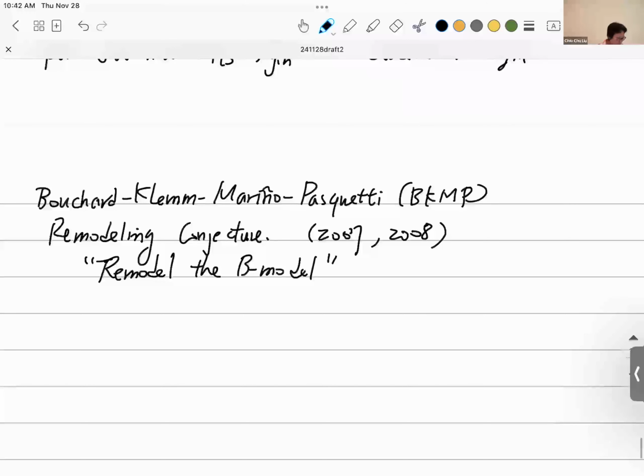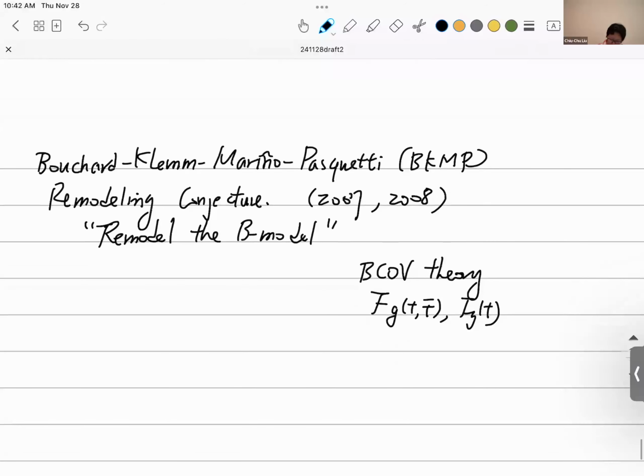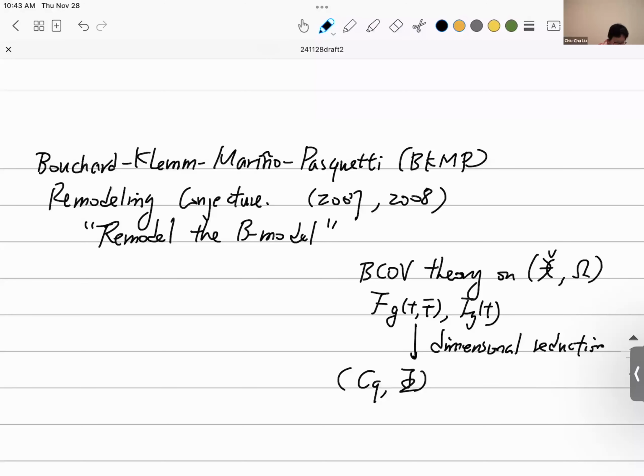So the remodeling of the B-model says the following. They say that this BCOV theory, which gives us this mirror, can be reduced by dimensional reduction to the theory of the mirror curve.